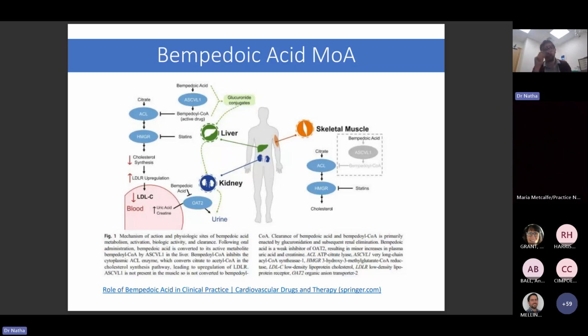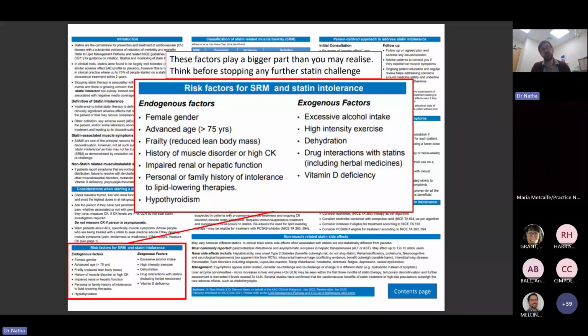That is why it is a good potential option and won't yield the muscle myopathy that can happen with statins. It's worthwhile making a note of individuals in front of you who have risk factors for statin intolerance. That can be older individuals who have other very common non-cholesterol based factors such as hypothyroidism, personal history of intolerance, vitamin D deficiency, dehydration, excessive alcohol.